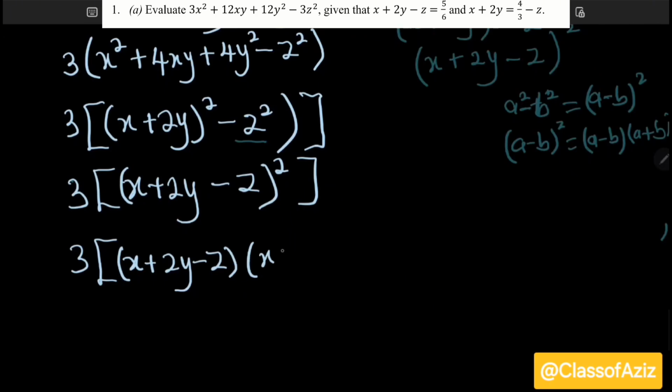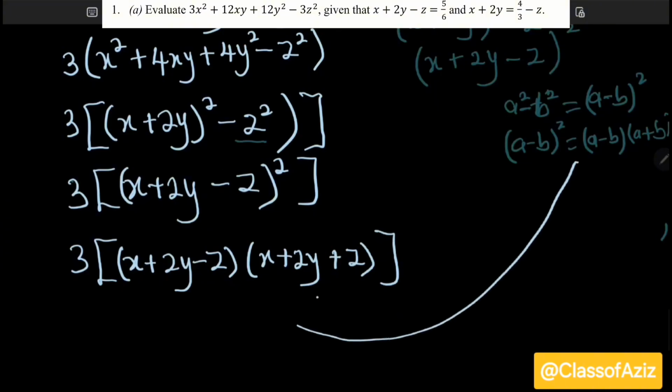Then we'll write the same thing again, but this time this sign will change. So x plus 2y plus z, right? Okay, so we just use this rule here to do this. Okay, I hope you understand what I mean.